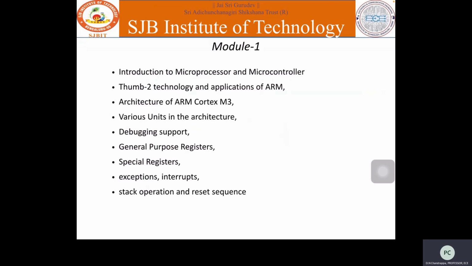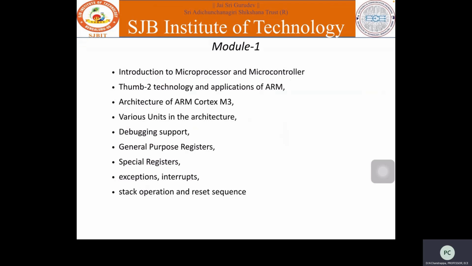So a microprocessor is nothing but a CPU with some registers and instruction decoders, and finally we have the control unit. It means that the microprocessor has an ALU, instruction decoder, registers and control unit only.